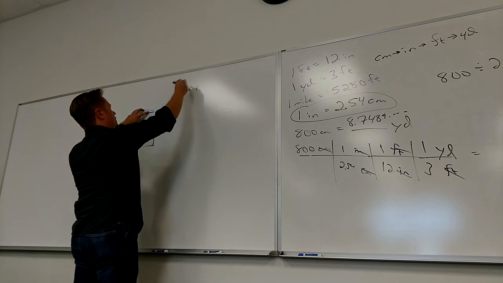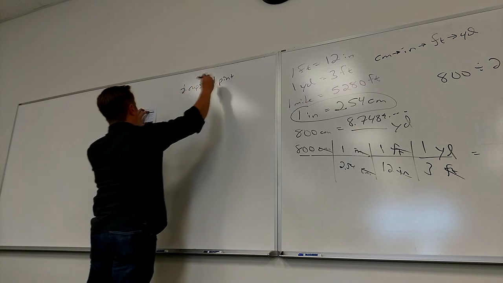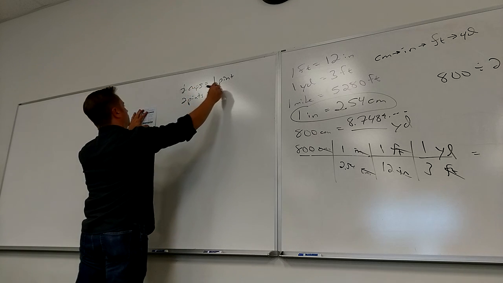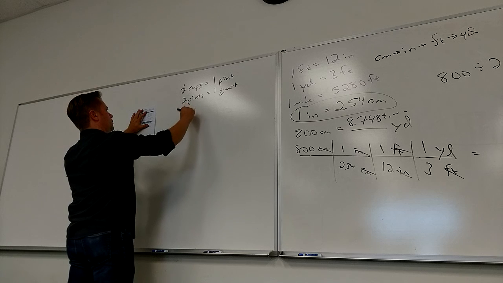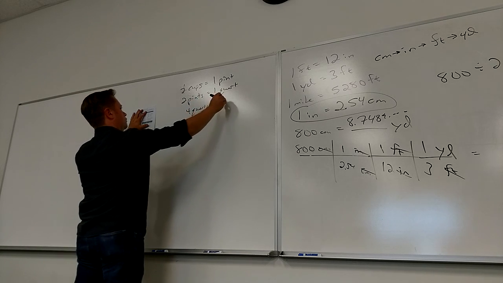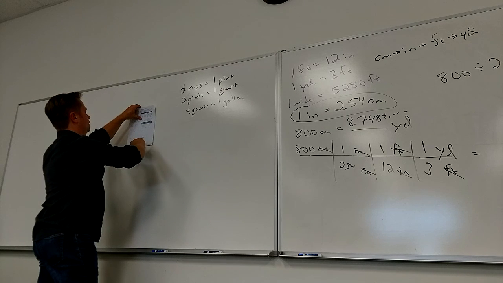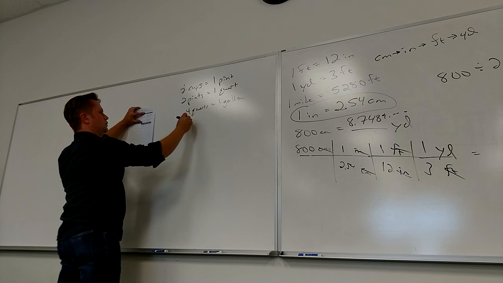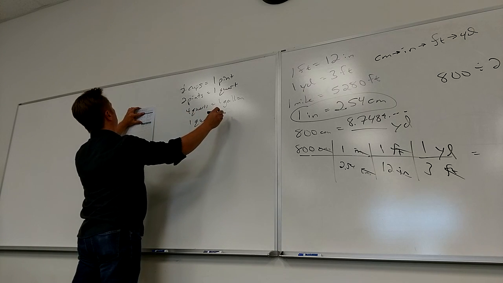Say 2 cups, it's 1 pint. 2 pints, it's 1 quart. 4 quarts, 1 gallon. And also 1 quart. So you're not distributing.